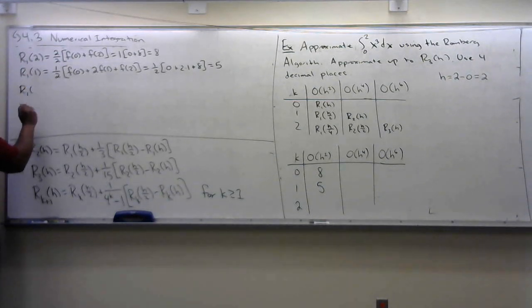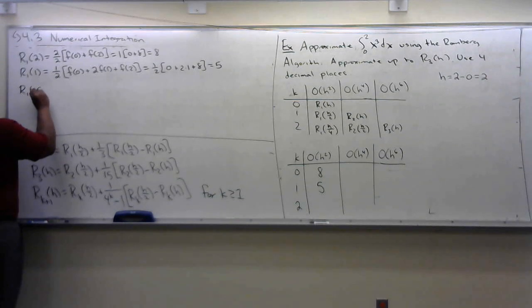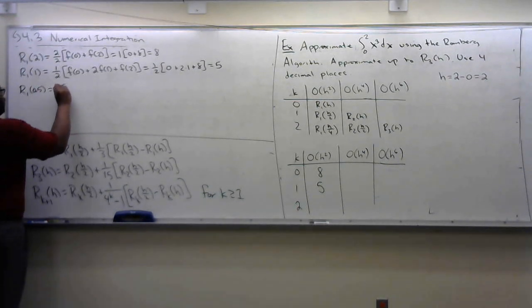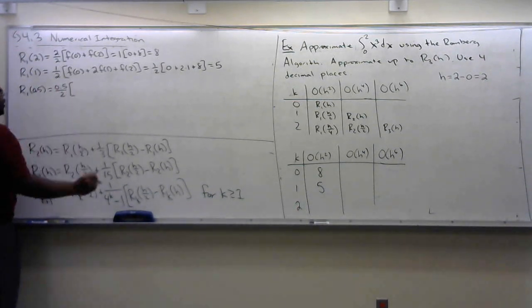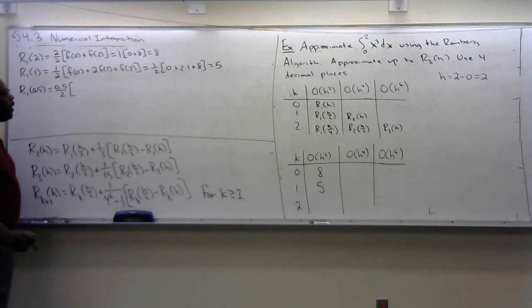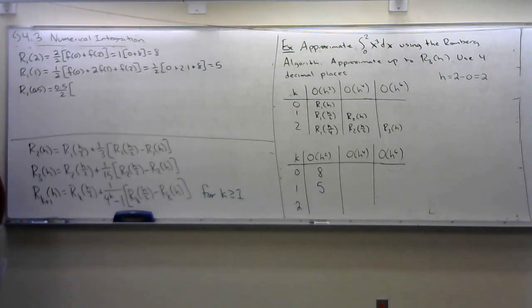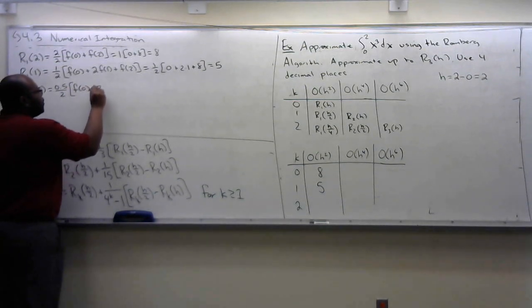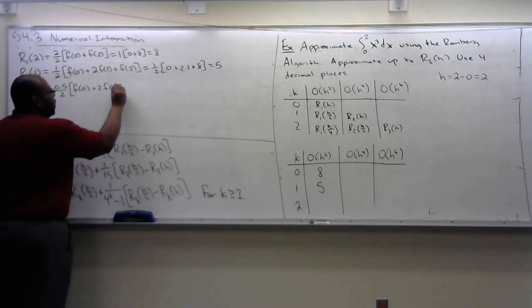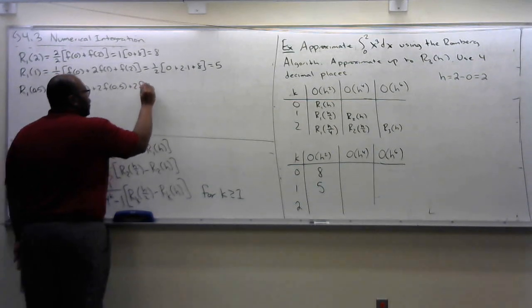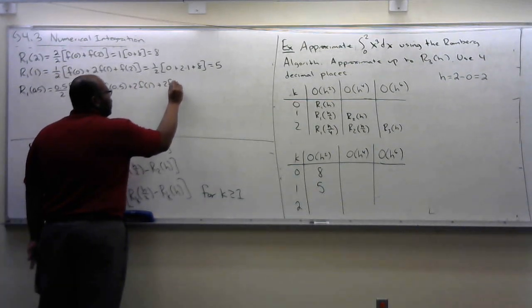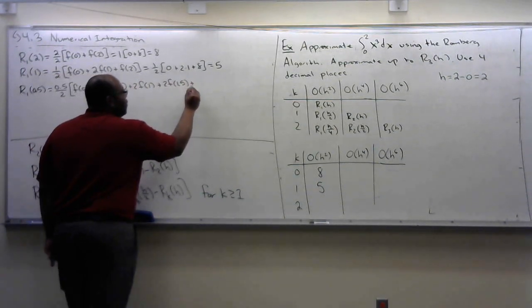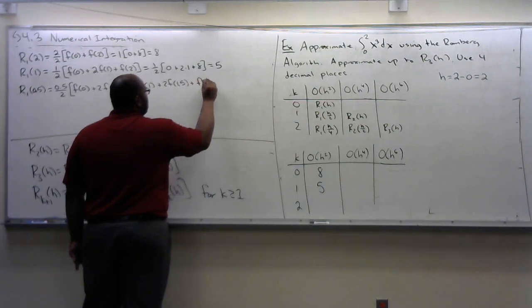R sub 1, I need to divide again by 2, I get 0.5. So 0.5 divided by 2. And I split this up again. Now I split it up into 4 pieces. So I have f of 0 plus 2 times f of 0.5 plus 2 times f of 1 plus 2 times f of 1.5 plus f of 2.